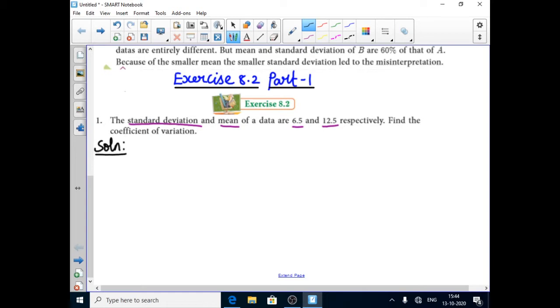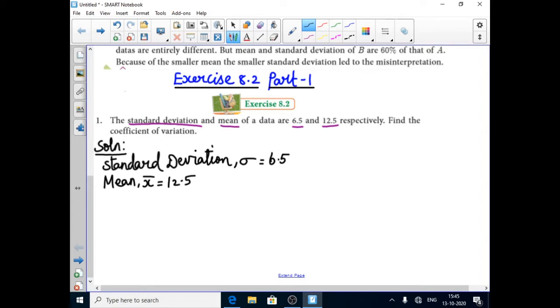Standard deviation, sigma is equal to 6.5. Mean, x bar is equal to 12.5.